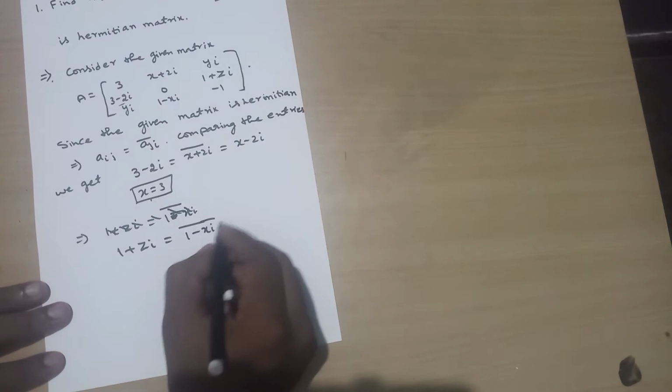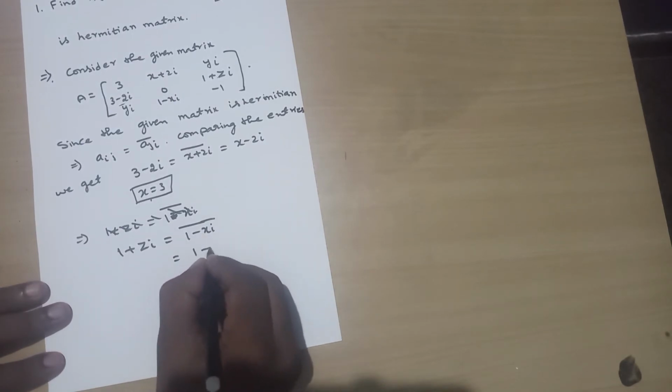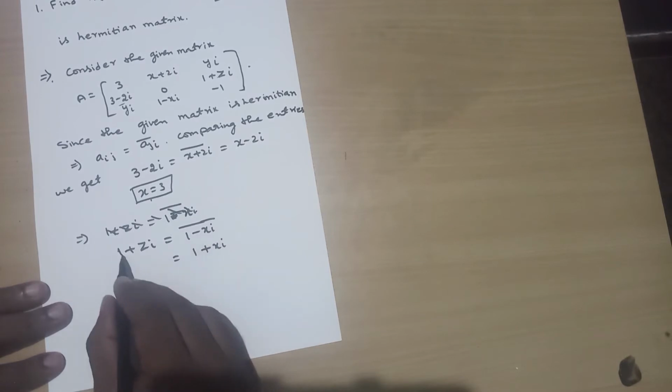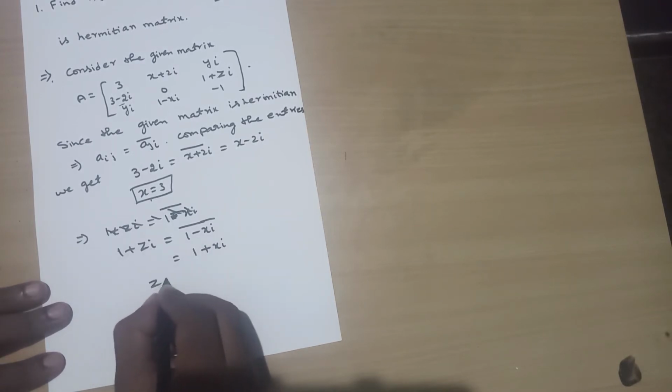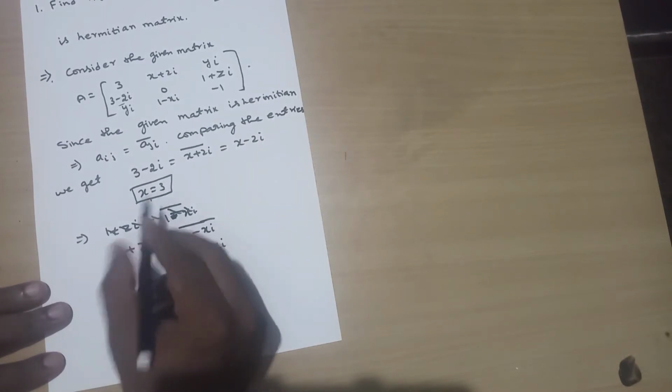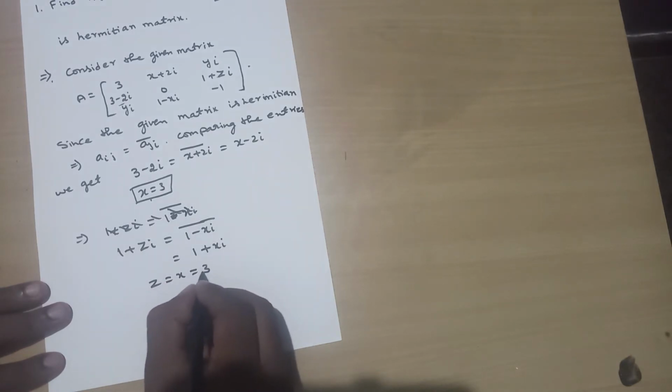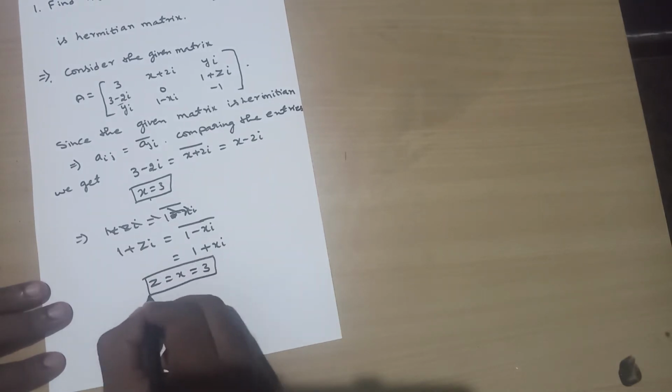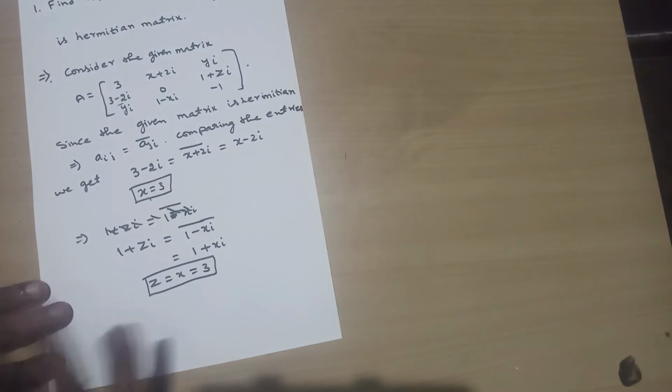If you take the conjugate, i is replaced by minus i, so we get 1 plus xi. The 1 gets cancelled here, and z equals x. So what is x? x is 3, which means z is also 3. So x equals z equals 3 we get.